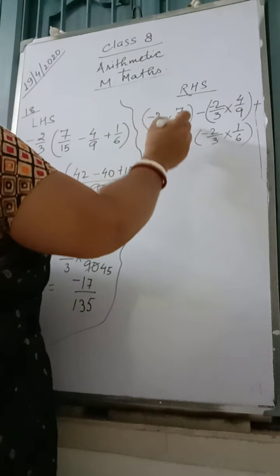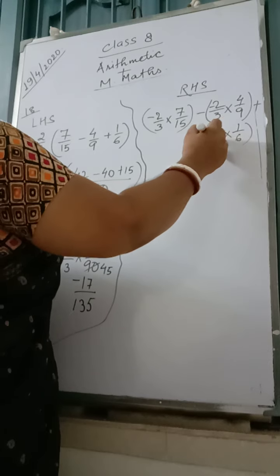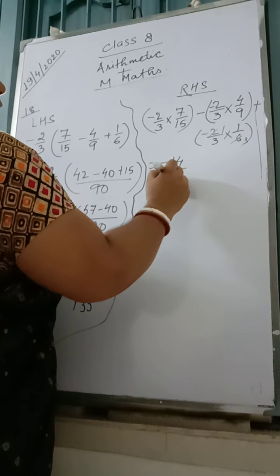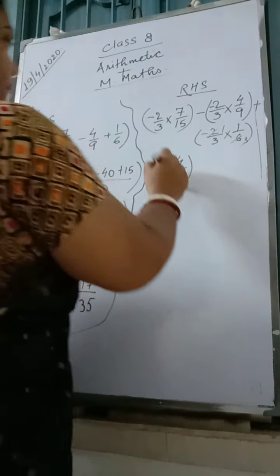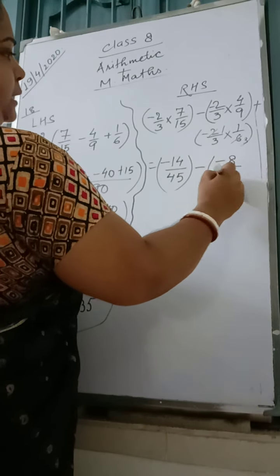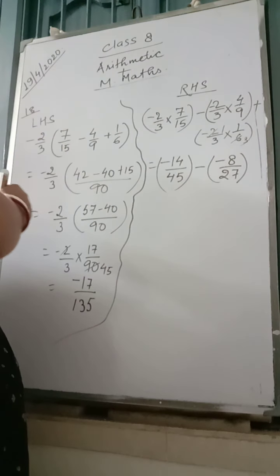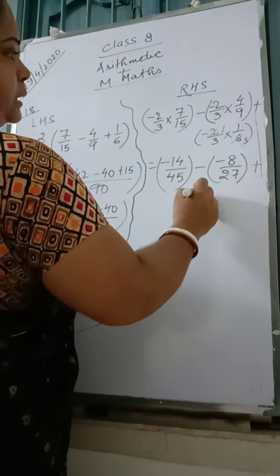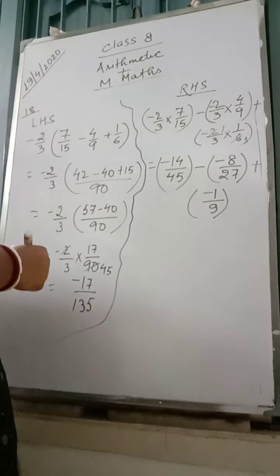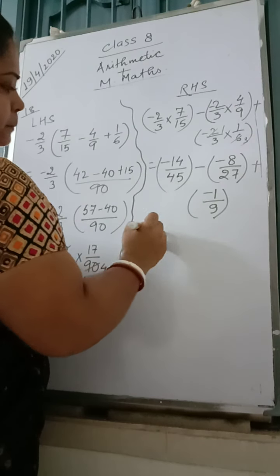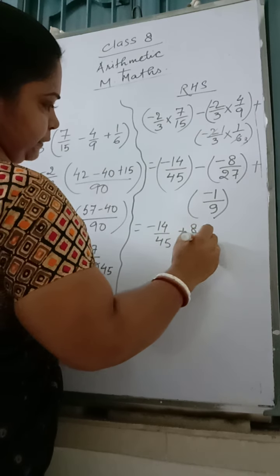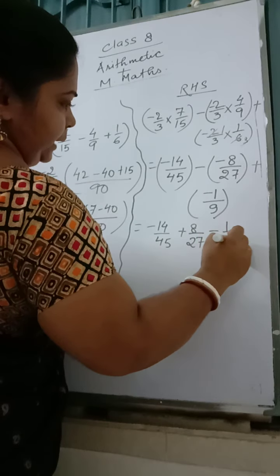Now see, this is not cancelling, this is also not, this is 2 ones are 2, 2 threes are 6. Now we'll just multiply. 2 sevens are 14, 15 threes are 45, minus 2 fours are minus 8, 3 nines are 27, plus minus 1 by 9. Clear? Now minus 14 by 45, minus minus plus 8 by 27, minus plus minus 1 by 9.